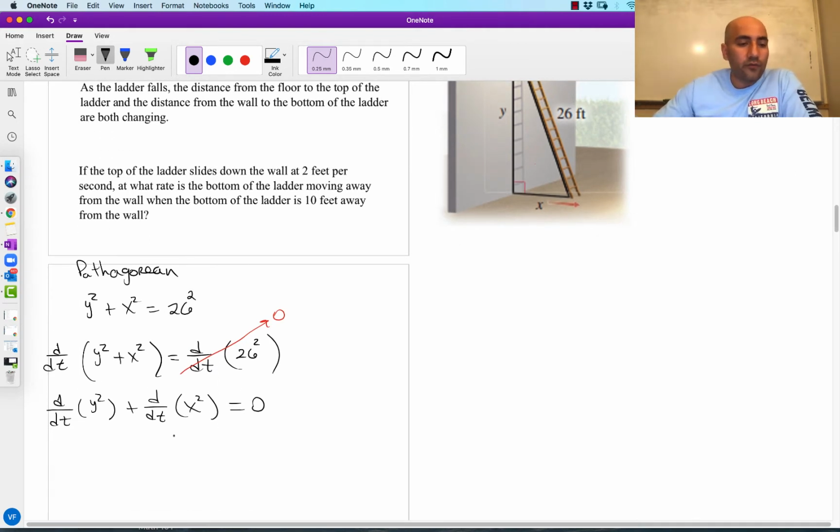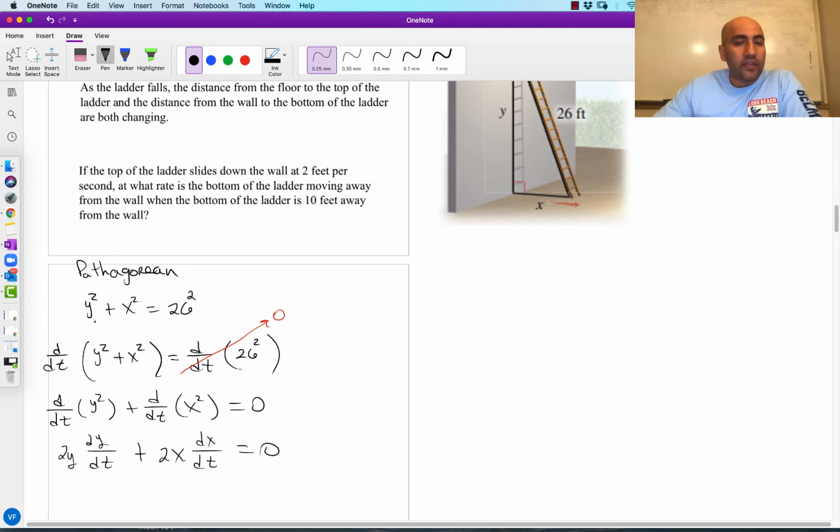And now the derivative with respect to time of the variable y squared, we know through implicit differentiation, is going to be equal to 2y and then dy dt, plus, and now again from implicit differentiation, we know that this is going to be equal to 2x and then dx dt, equals 0. So now we have a new equation.